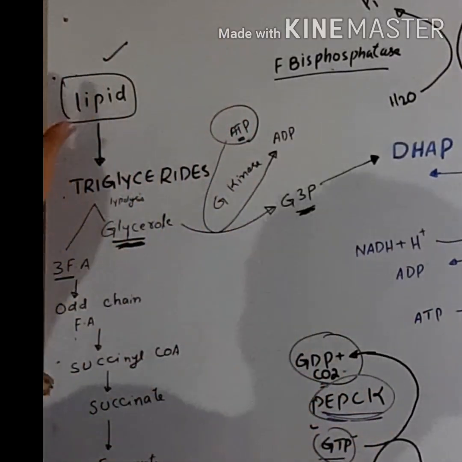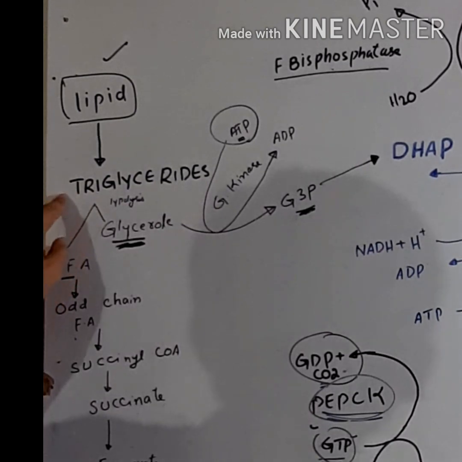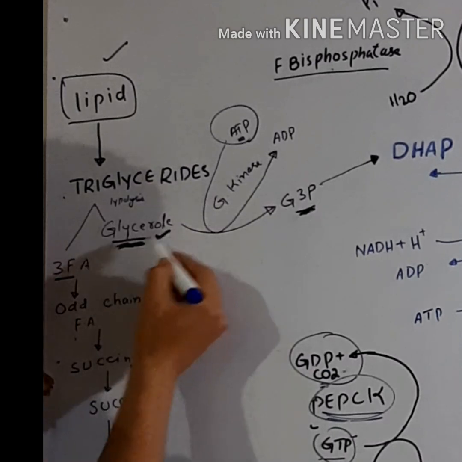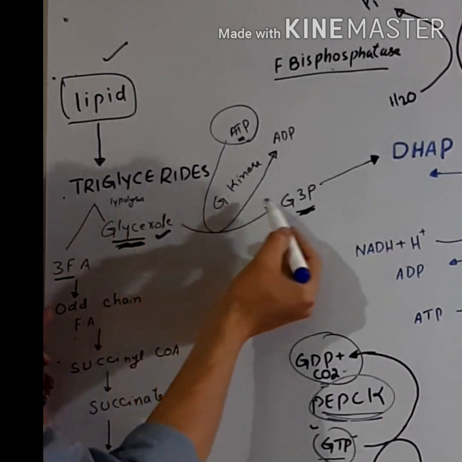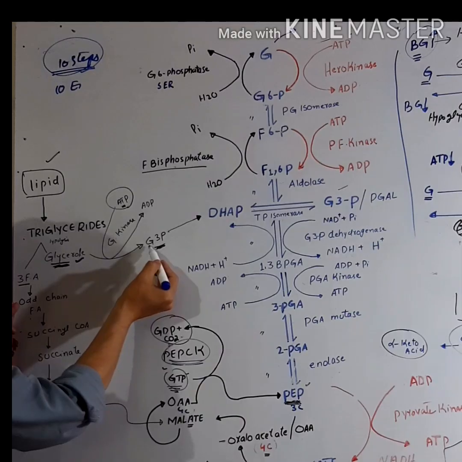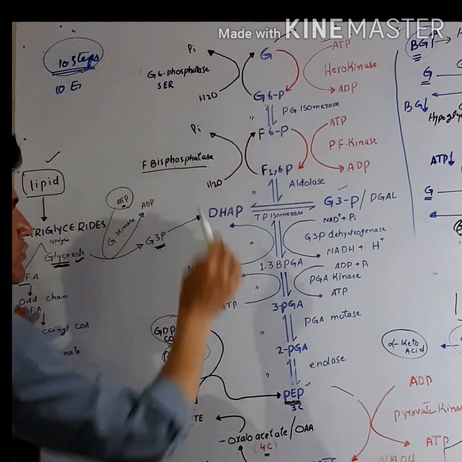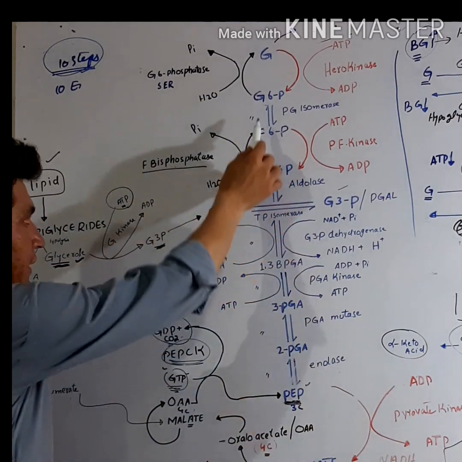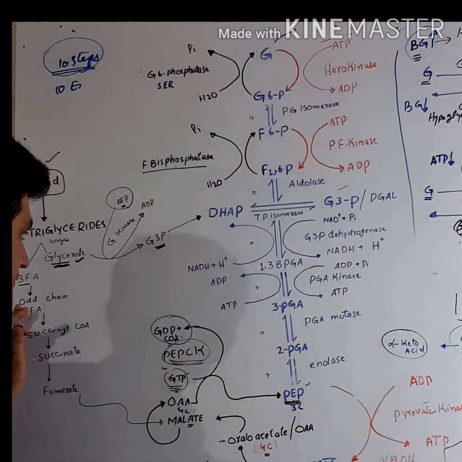Now the precursor may be lipid. We know that there are different types of lipid, but here we are focusing on the triglyceride. Triglyceride is actually a simple lipid. It contains glycerol and 3 fatty acids. This glycerol is phosphorylated into G3P, and G3P is converted into fructose 6-phosphate, then glucose 6-phosphate, then glucose, and moves to the blood.